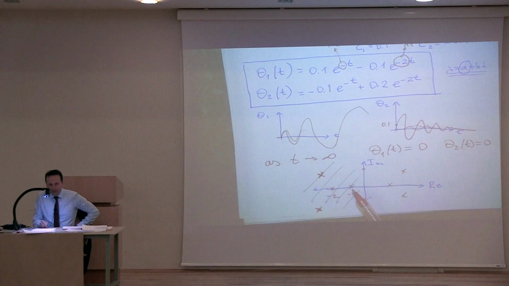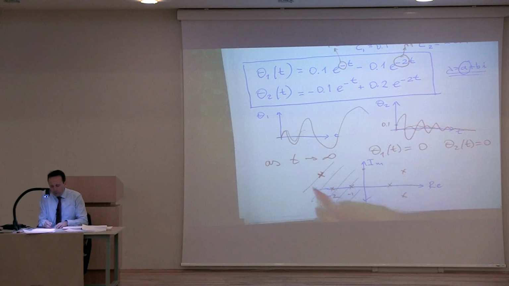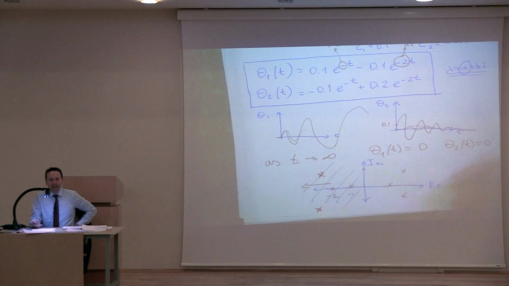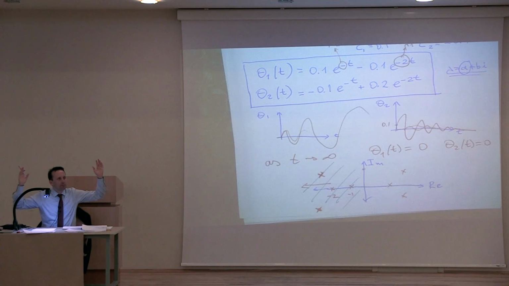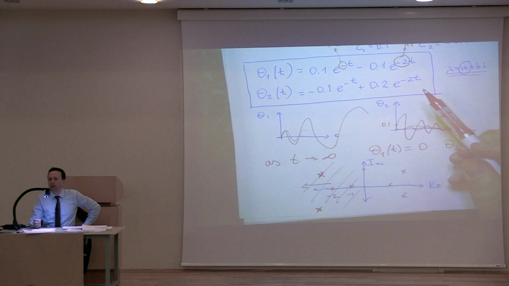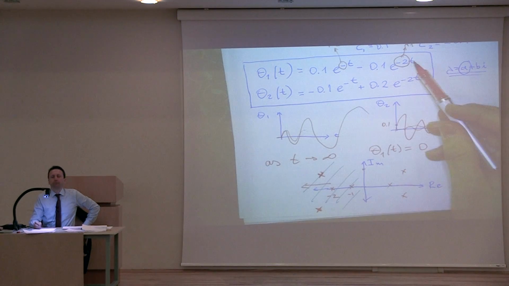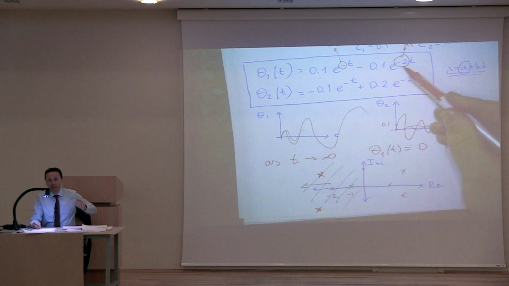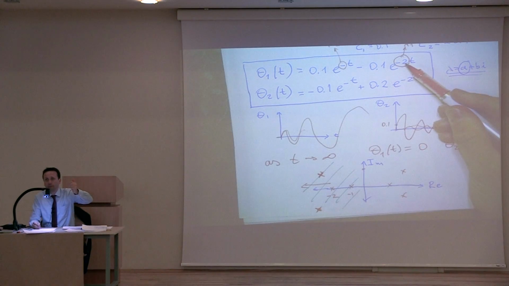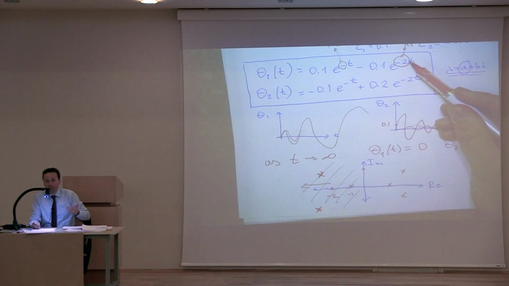So the further the eigenvalues are on this side of the complex plane, the faster the system will go to infinity. I'm sorry? Yeah. It will. I'm sorry. The larger they are on this side, the faster they will converge to 0. That's correct. If it's a positive number, and it's a large positive number, it will diverge very fast.